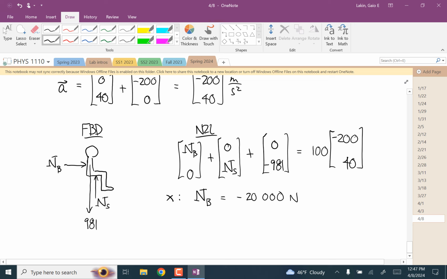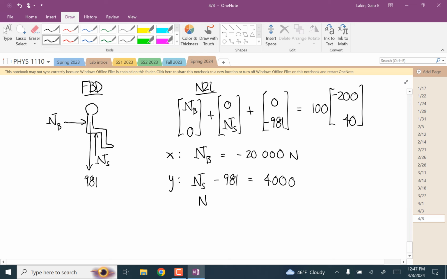This is newtons. The y equation says N_S minus 981 is equal to 4,000. So N from the seat is equal to 4,981 newtons.